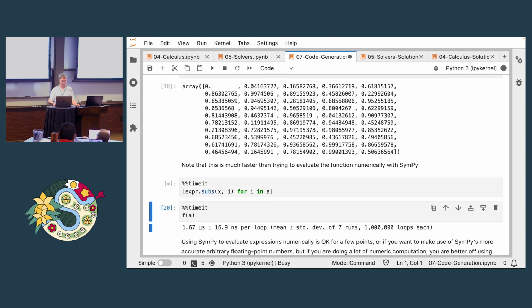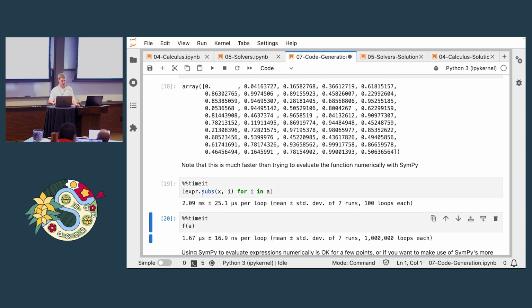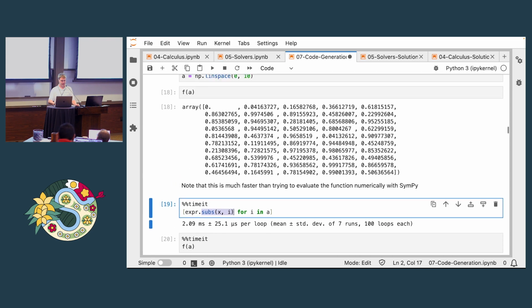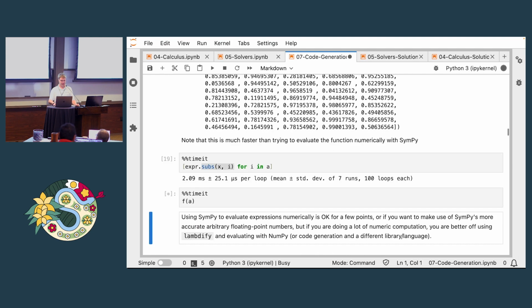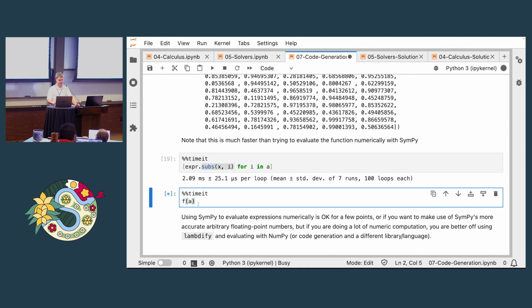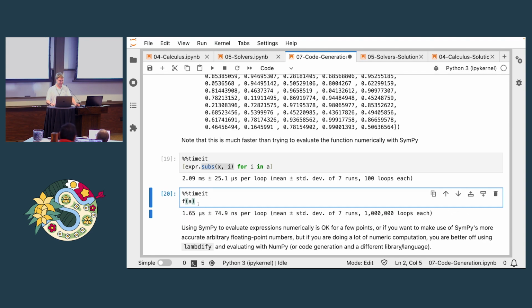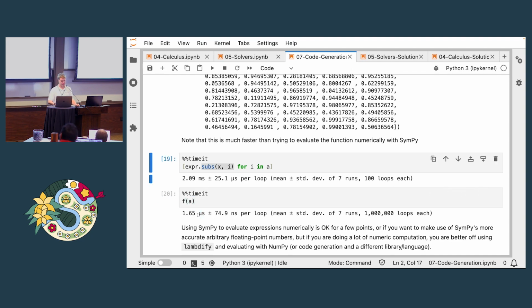Just to note, this is considerably faster than using SymPy to numerically evaluate each of these points one by one with subs. That takes 2 milliseconds. If we use NumPy to numerically evaluate this, it takes about 1 microsecond.